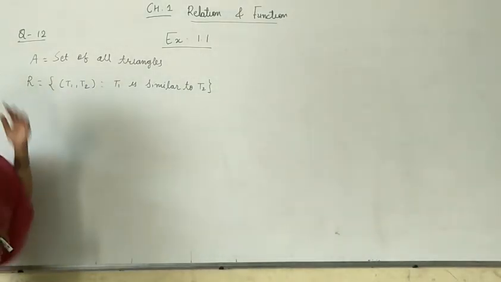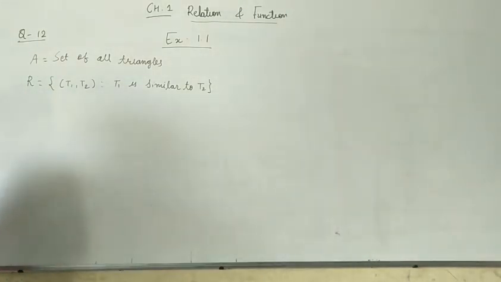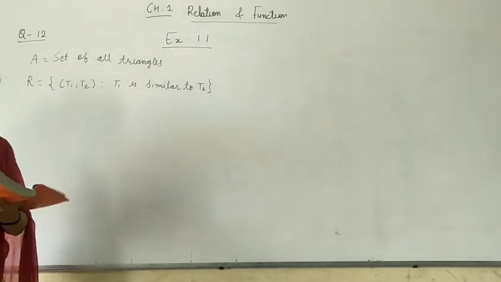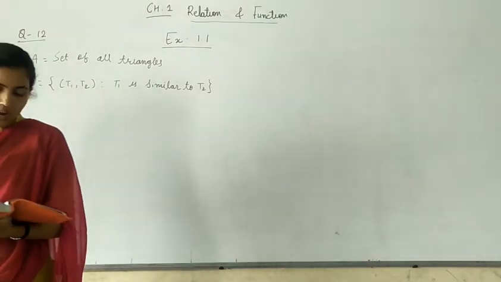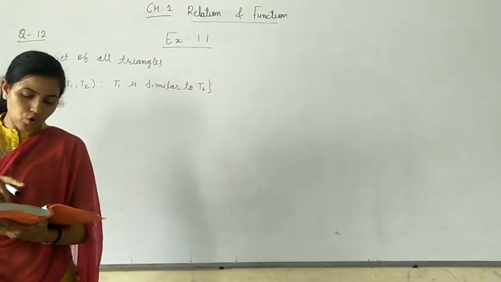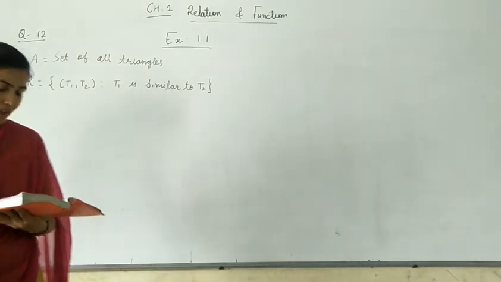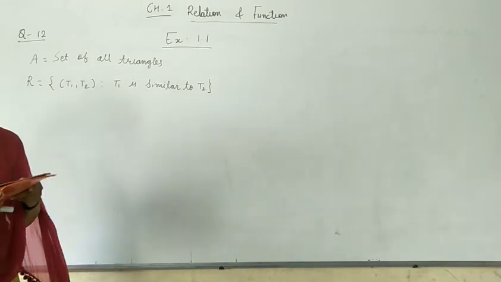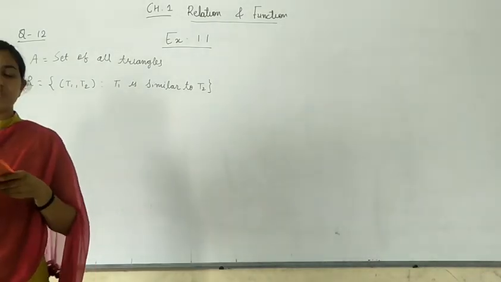Now students, the next question is question number 12. You can see it in your textbook too. Show that the relation R defined on a set A of all triangles as R equals T1, T2 where T1 is similar to T2 is an equivalence relation.